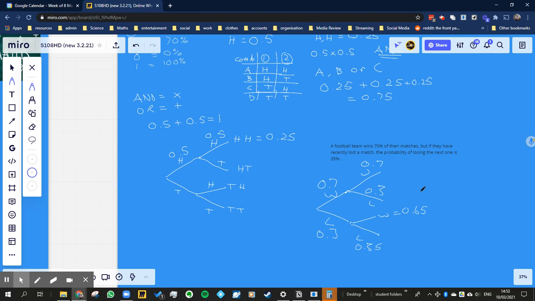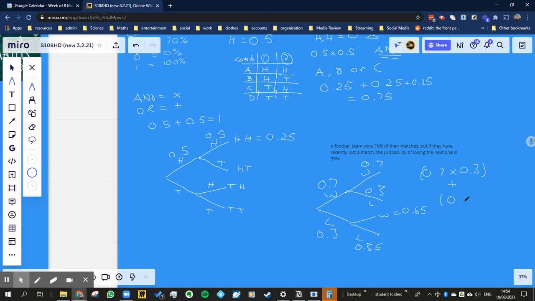Maybe you might say something like, what's the probability of them winning only one of the matches? Well, it's going to be this and this, so 0.7 times 0.3. That would give them that eventuality, win, lose. Or, which means we use a plus, they lose the first, and then they win the second.